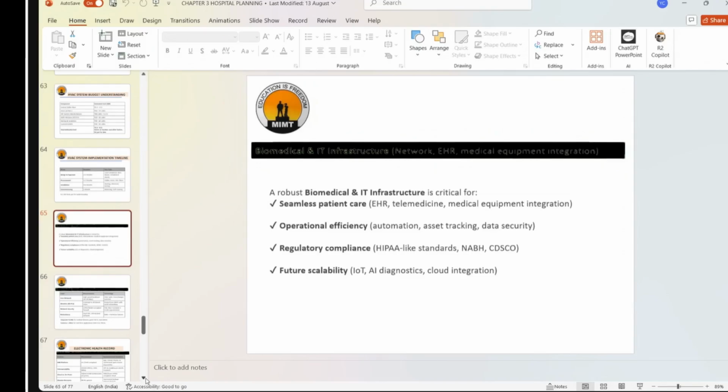All these new developments make biomedical and IT infrastructure planning supposed to be a very sensible, very robust system, so that it can cater to the present requirement also. And in future, if there is any change in the technology or some enhancements and development in the technology, that can also be incorporated in the existing system.